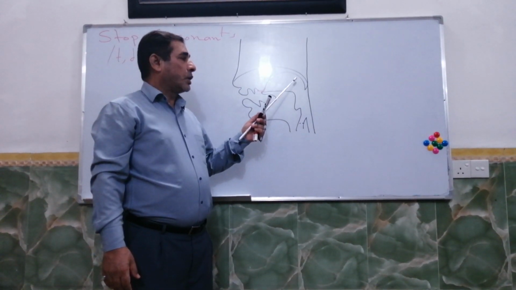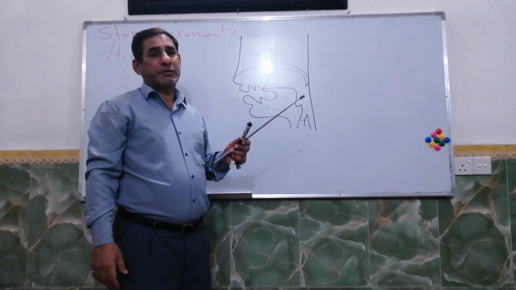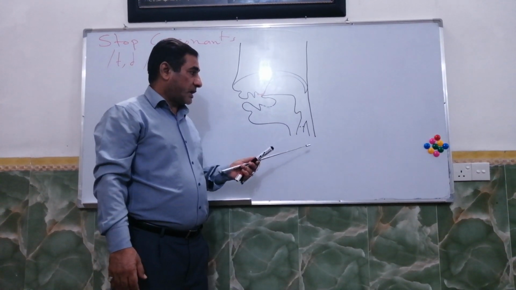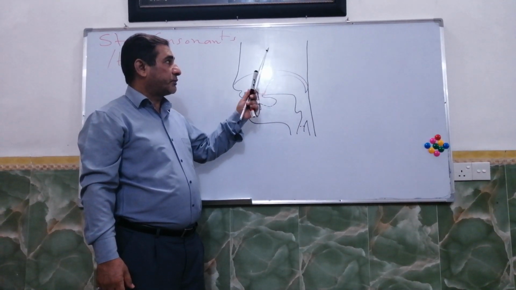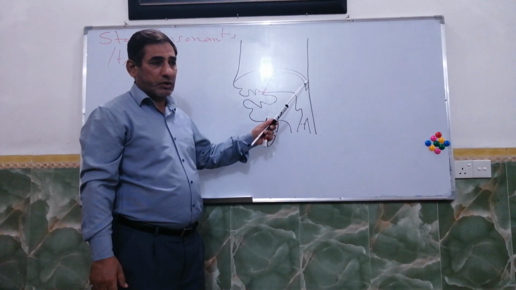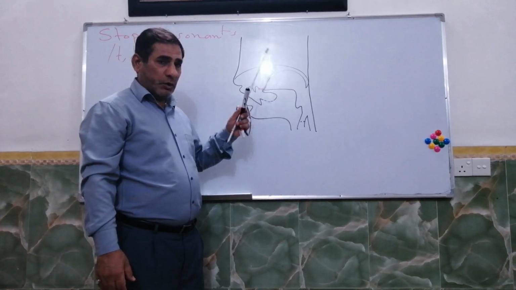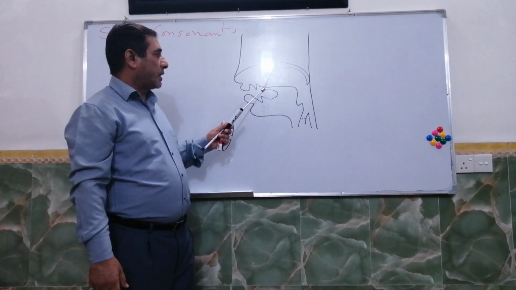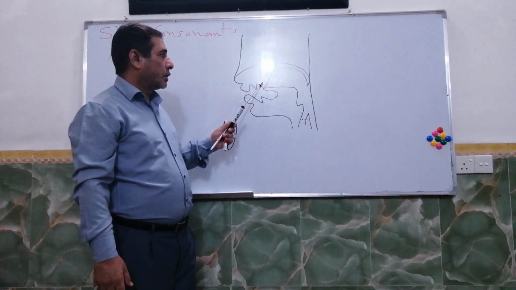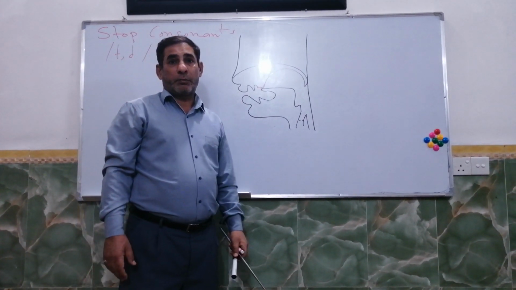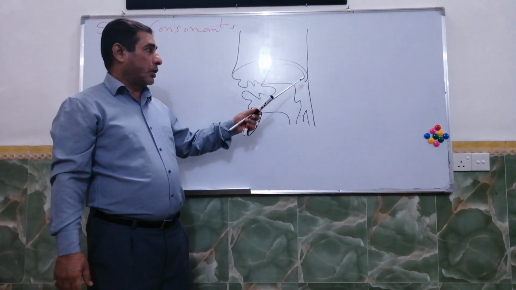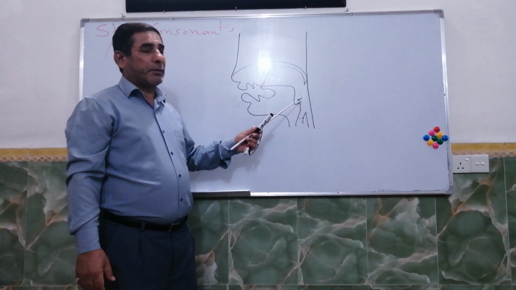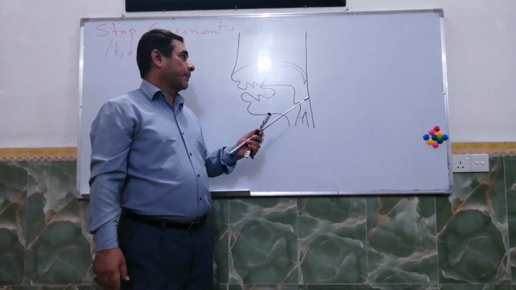Now, as you know, this is a necessary condition for all stop consonants. The breath should stop. Now the breath that comes out of the lungs either goes through the nasal cavity, which is now closed by raising the soft palate, or through the oral cavity, which is now blocked also by the tip of the tongue being in contact with the alveolar ridge. So both ways for the air are now blocked. Therefore, the air is trapped, stops for a short time.